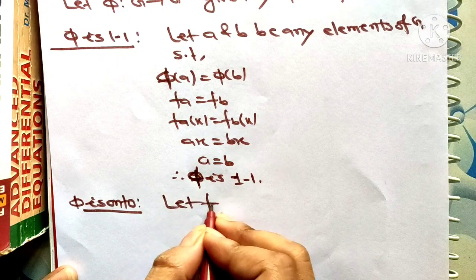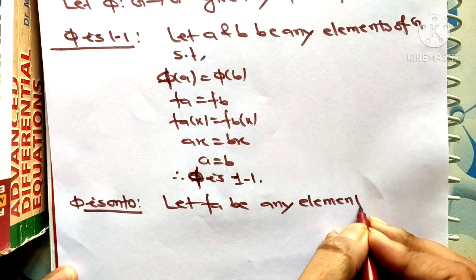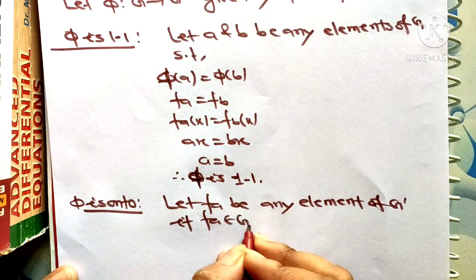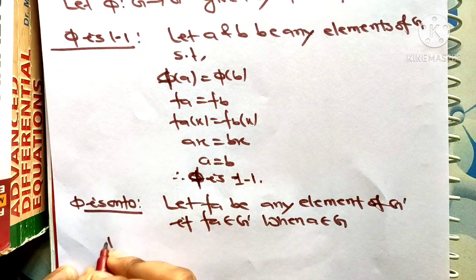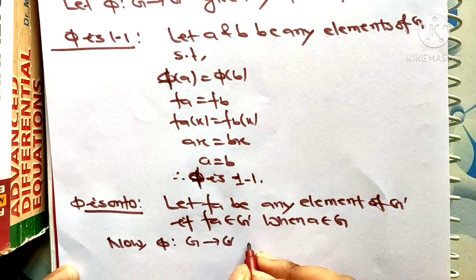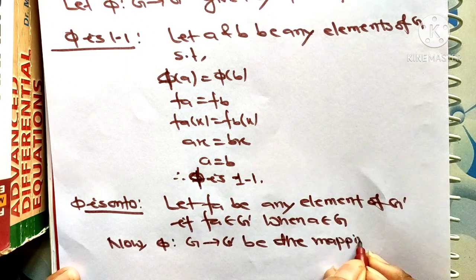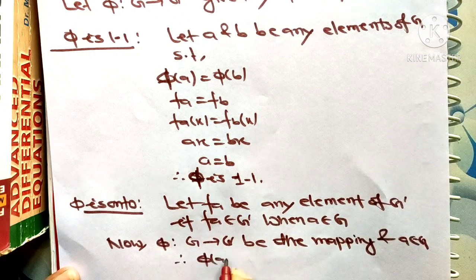Now phi is onto. Let f of A be any element of G dash, where small a belongs to G. Now phi, mapping G to G dash, is the mapping and A belongs to G. Therefore phi of A is equal to f of A, since phi is onto.